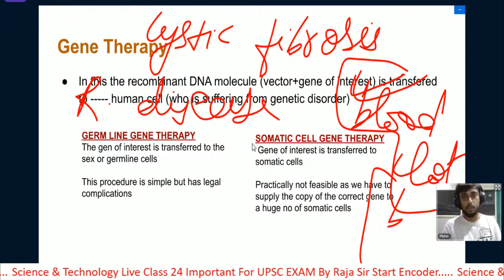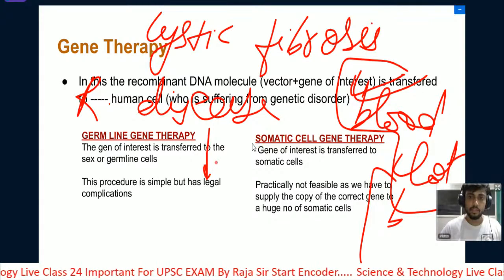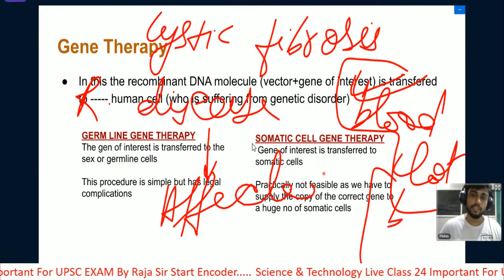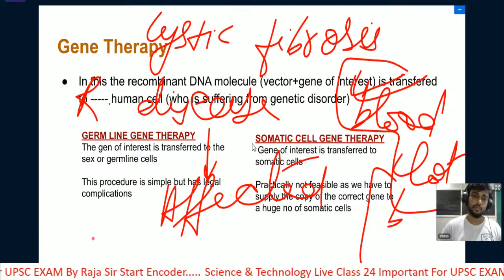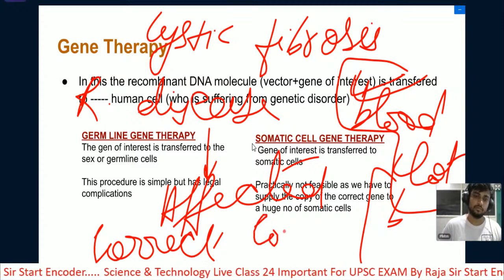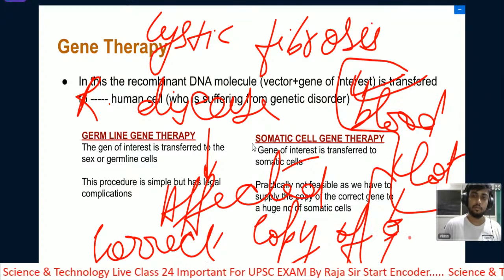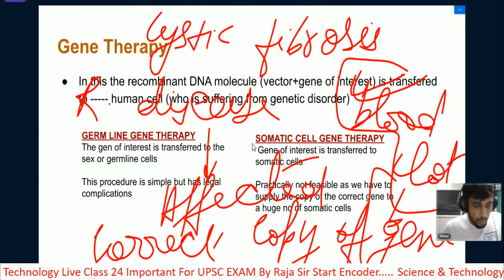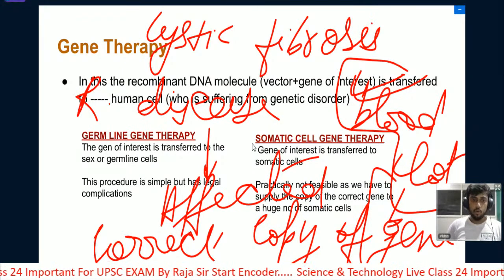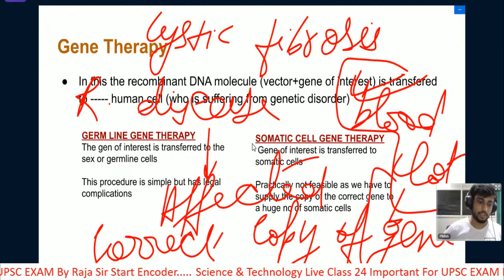Okay, the affected individual can inhale the correct copy of the gene. So the affected organs are given the right copy of the genes by the process of inhalation.